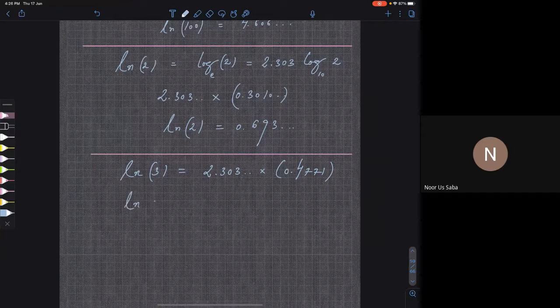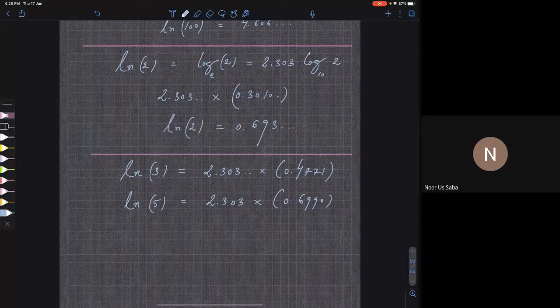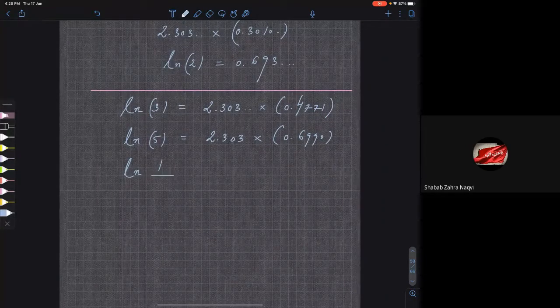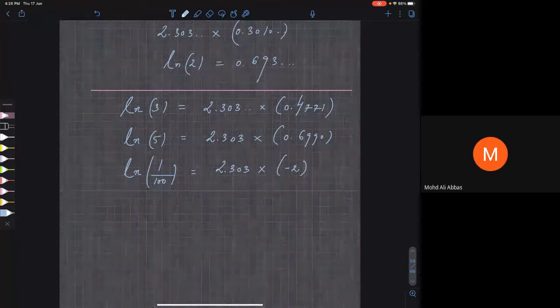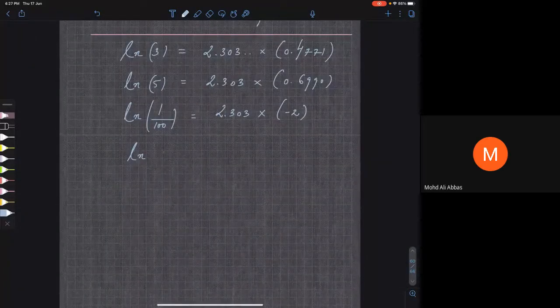What is natural log of 5 equal to? 2.303 times 0.6990. Do you agree? Yes, sir. Okay, next. What is natural log of 1 by 100? It is 2.303 times minus 2. Okay.